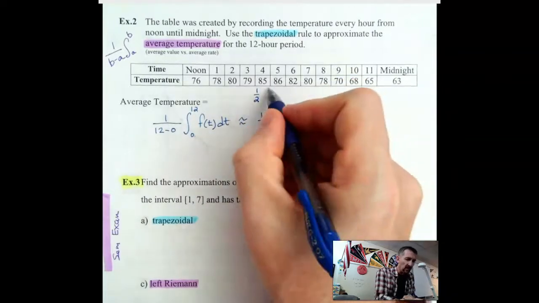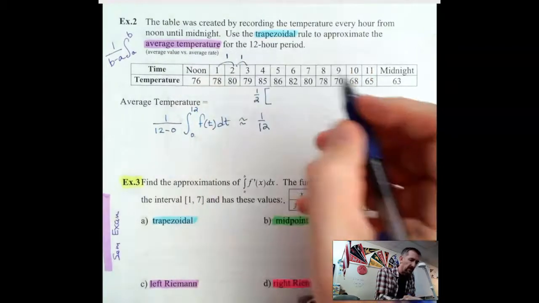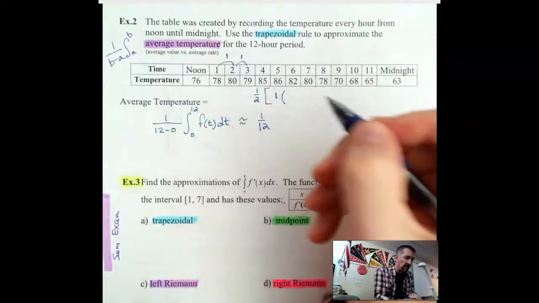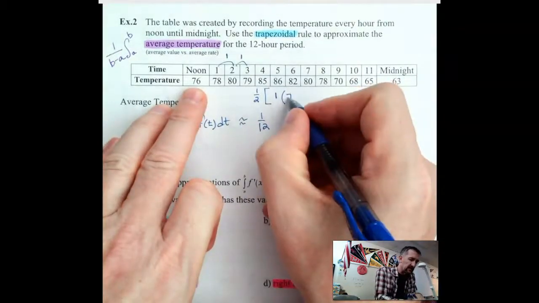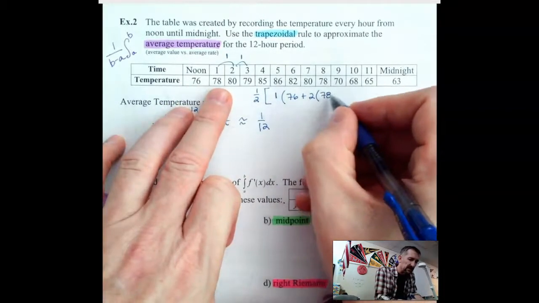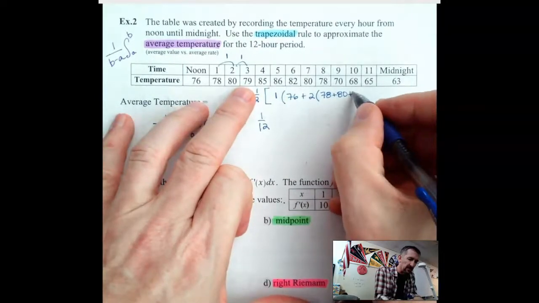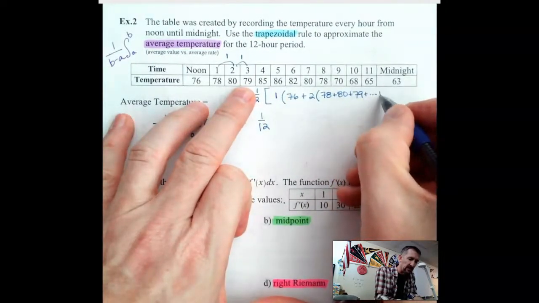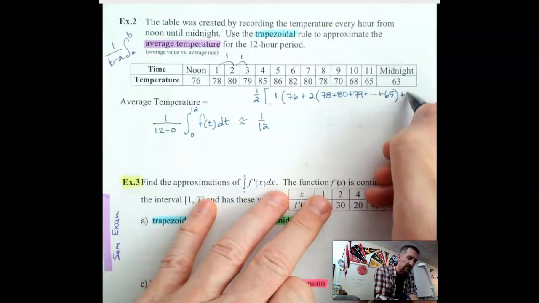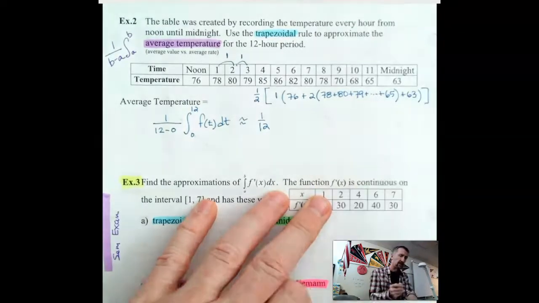And then all the heights are equal because it's 1 hour. So technically I could factor that out as well. Then we're going to get that first base once plus 2 times all the bases in the middle. Now, it should be obvious to you, I'm not going to write all these out because I'm going to run out of space. So all the way down here to 65, those will all be times 2, and then 63 will just happen once. All right?